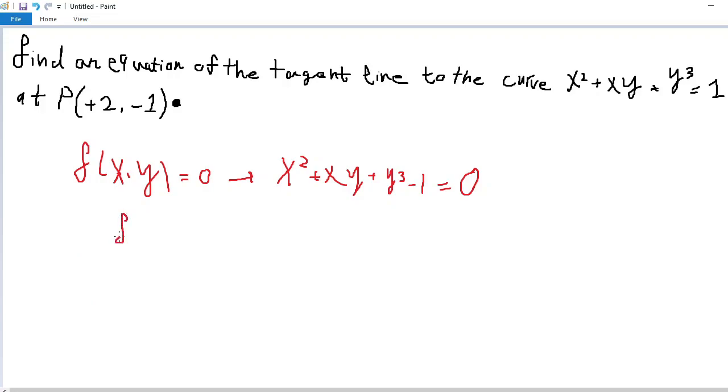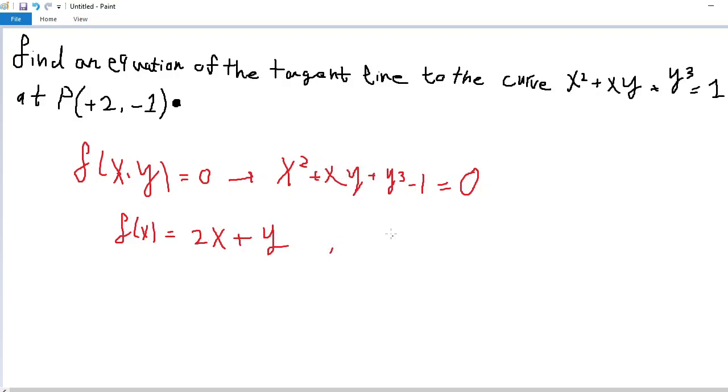We need to find F with respect to x and F with respect to y. Starting with respect to x, it is going to be 2x plus y. The derivative of the y cubed term is 0, and the partial with respect to x of x times y is 1, so what's left is y.